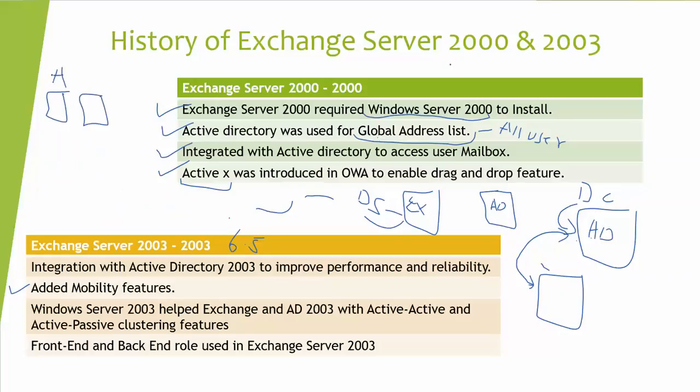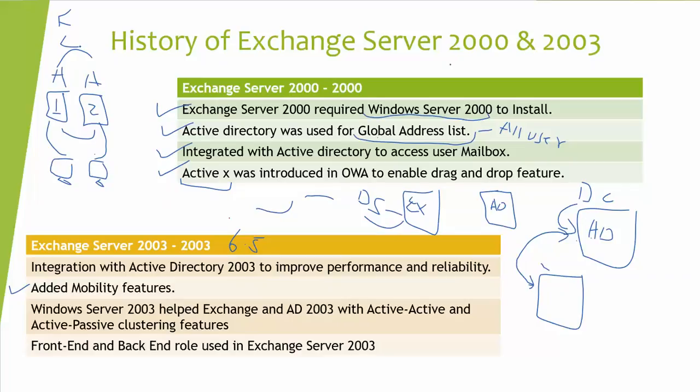If you have an active to active cluster configured, the first user's request will go to server 1, and the second request will go to server 2. So it's an active to active cluster where they are doing failover and load balancing. So they're doing two different things at the same time.